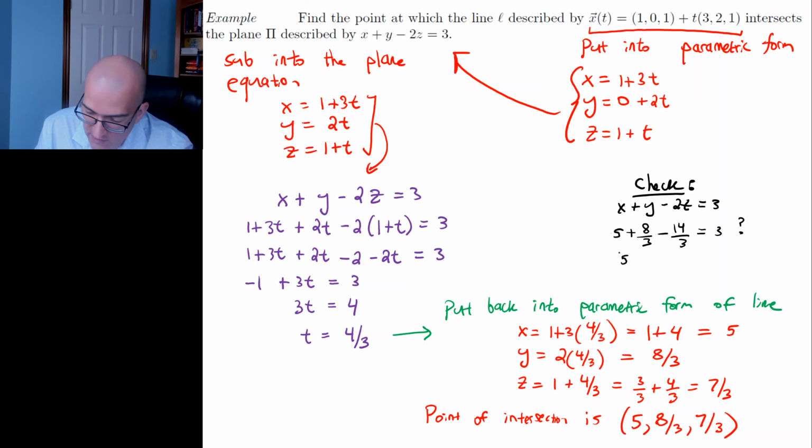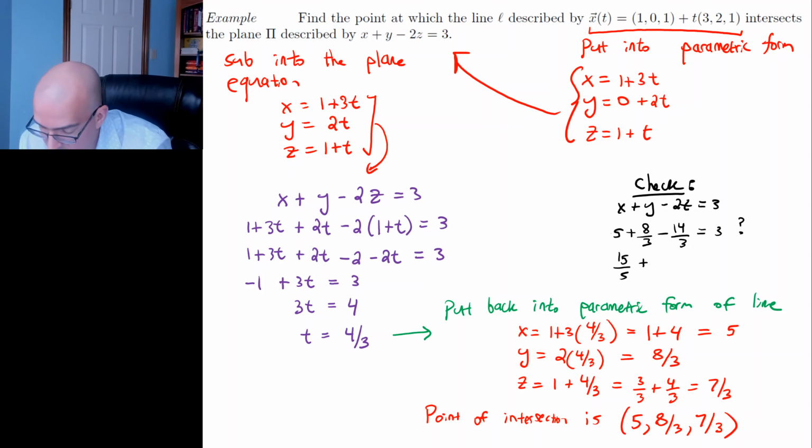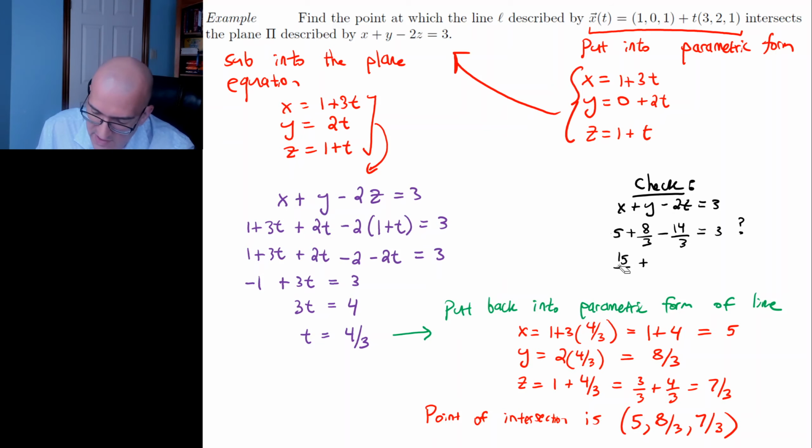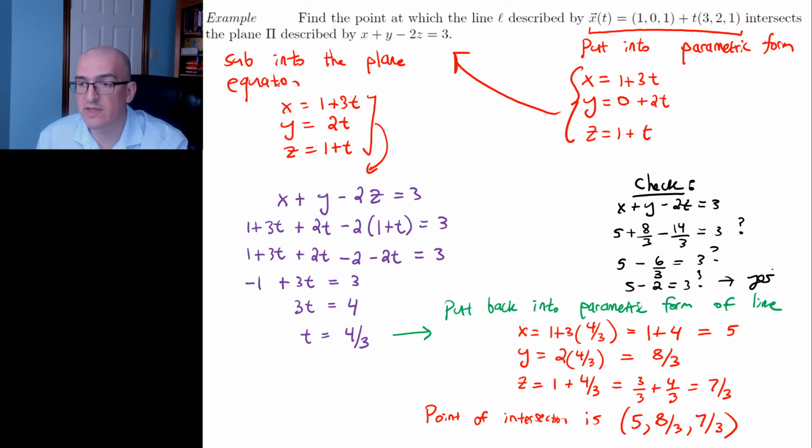Oh, I didn't need to make common denominators. 5 minus 6 over 3 is equal to 3, question mark. 5 minus 2 is equal to 3, question mark. Yes, 3 is equal to 3. So this means that our calculation worked.